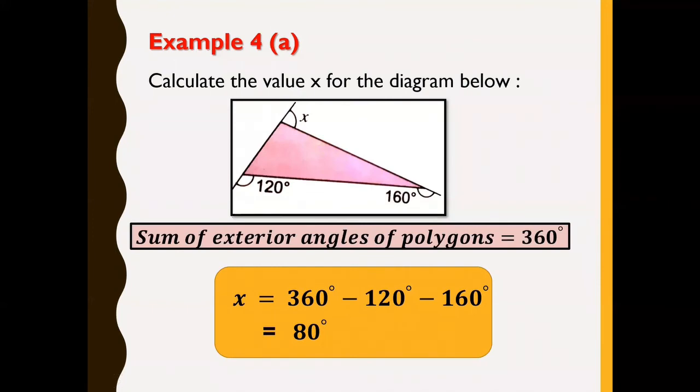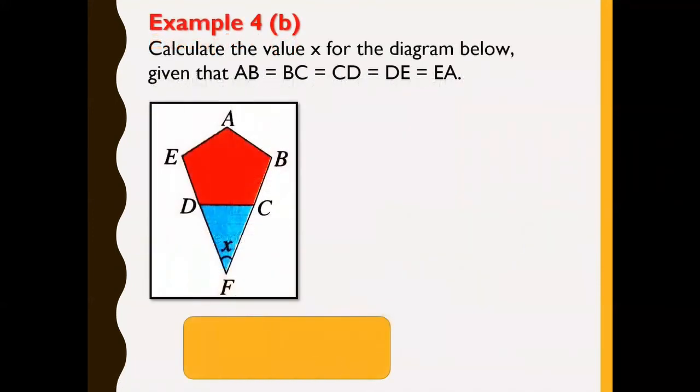Okay, now let's proceed to another question. Calculate the value x for the diagram below, given that AB equal to BC and it's equal to CD and equal to DE and also EF.